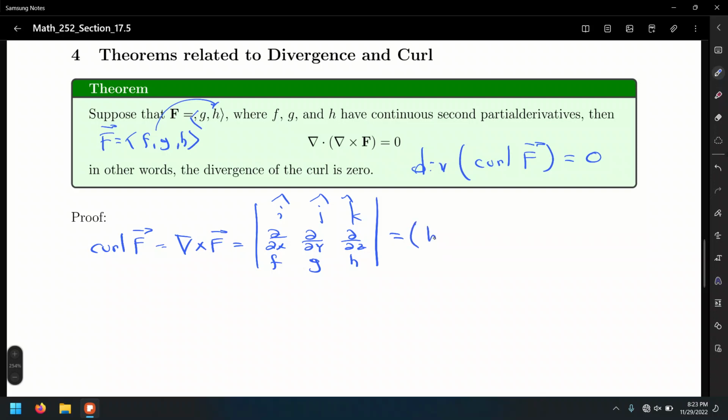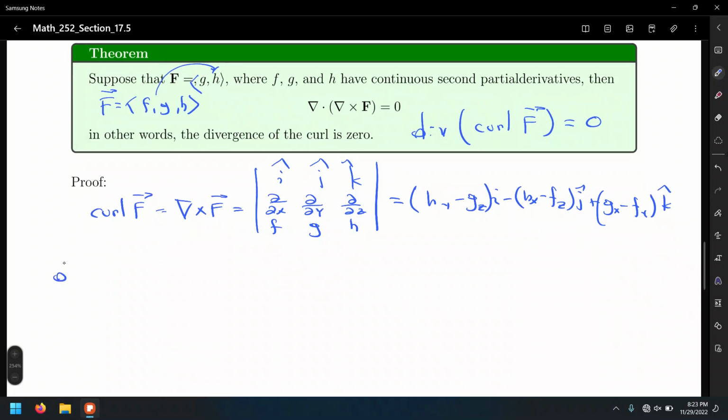So that's essentially h sub y minus g sub z in the direction of i, minus h sub x minus f sub z in the direction of j, and plus g sub x minus f sub y in the direction of k. So that's the curl, all right? Now we're going to take the divergence of this curl. That is, div curl.